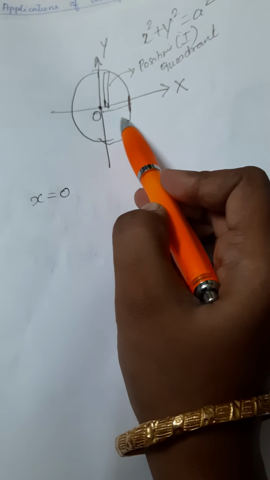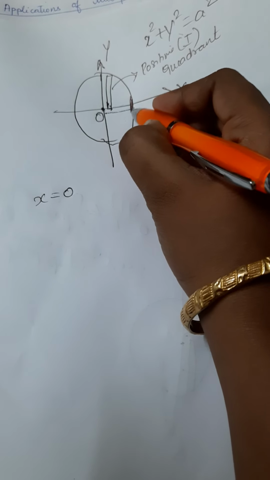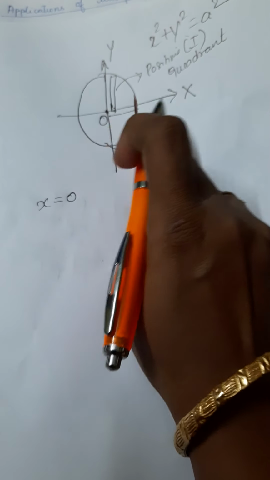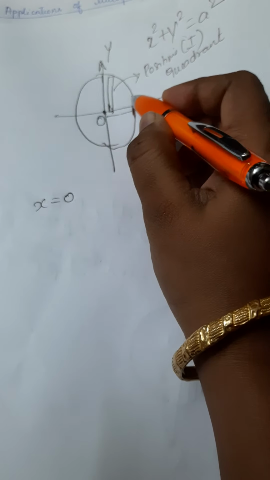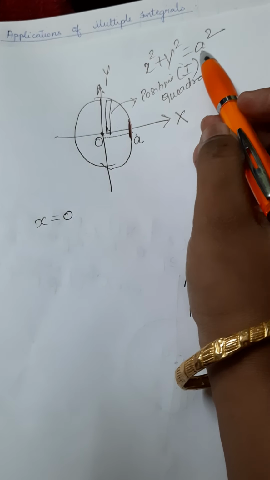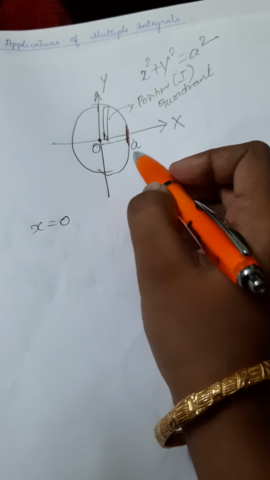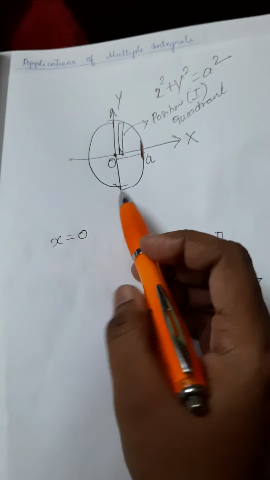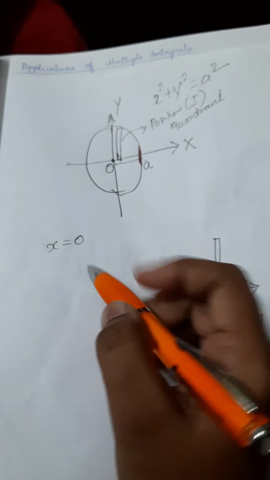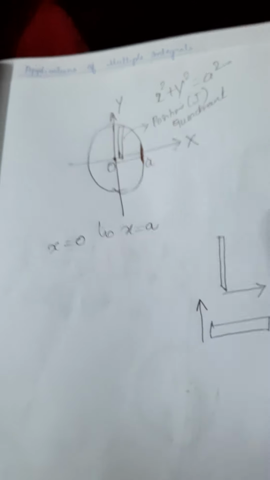When it strikes the end, what could be the value of x? This is a circle where the value here is a, which is the radius of the circle. So here the end point is x is equal to a. When the strip strikes the end, the value of x is found to be a.